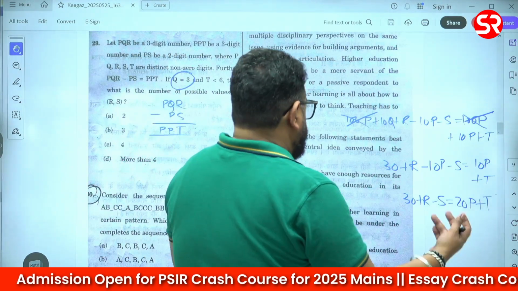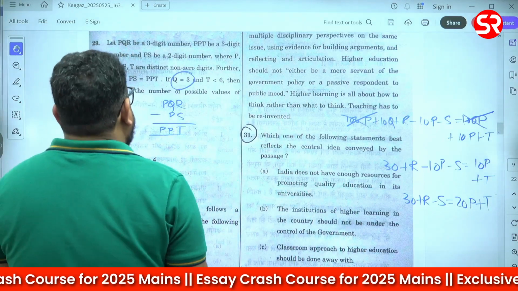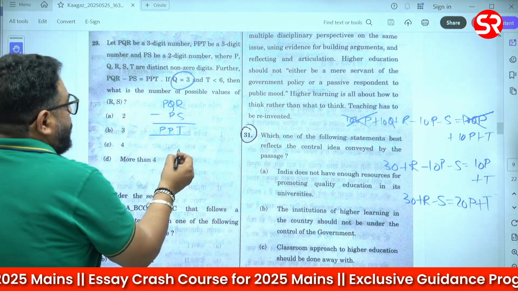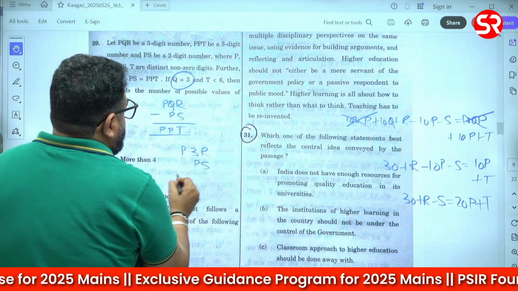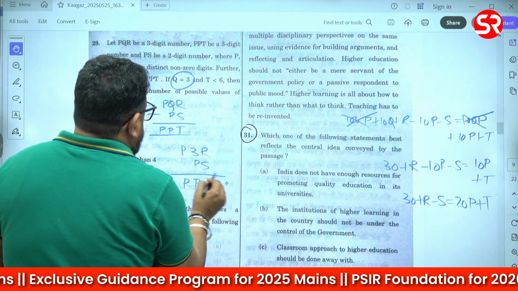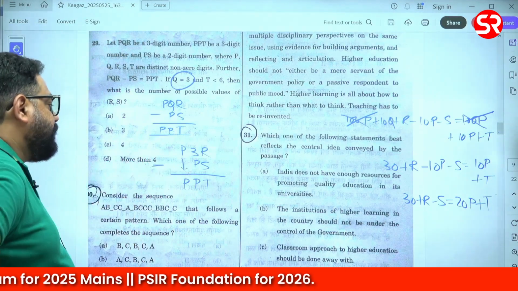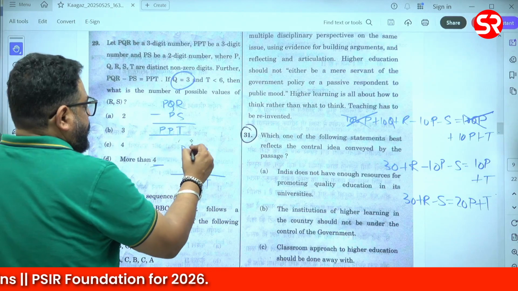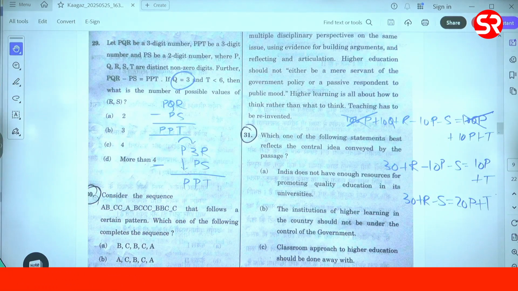I don't think so. इधर देखो यार सब लोग, अभी क्या अपन पुट किया, PR minus PS is equal to, one thing is there, this P is coming down, which means there is nothing that is to be carried, isn't it?